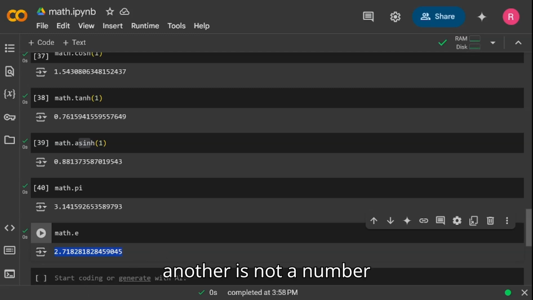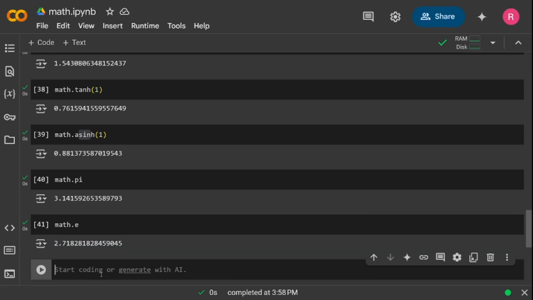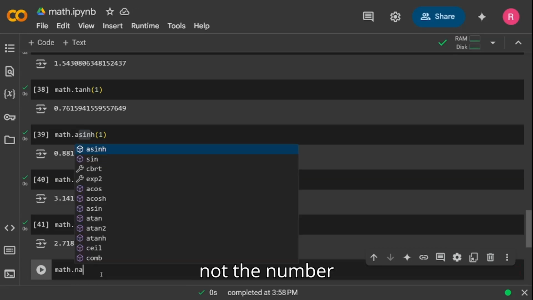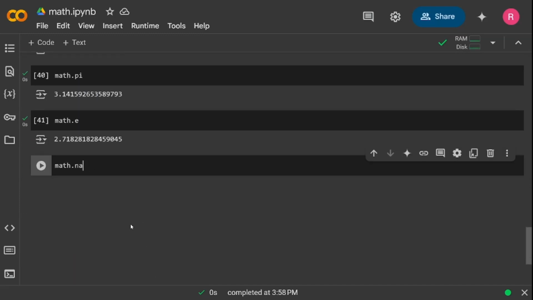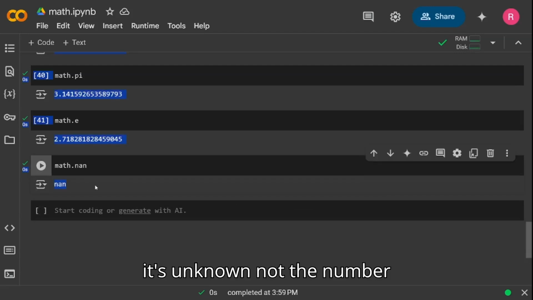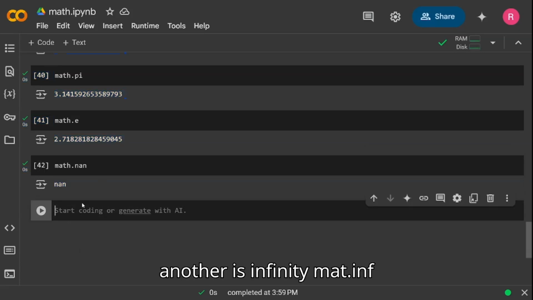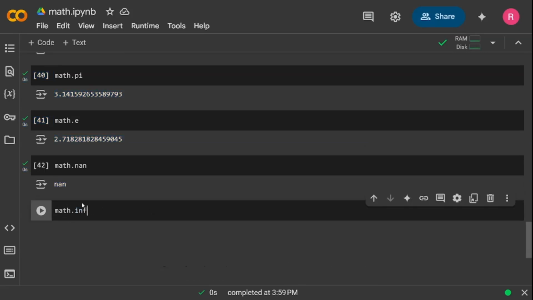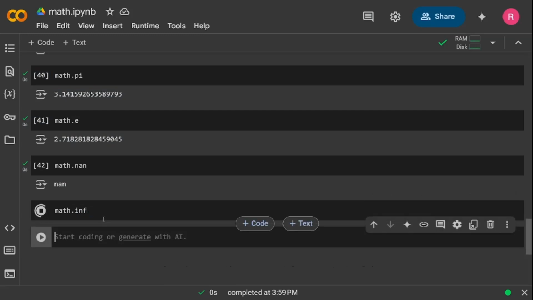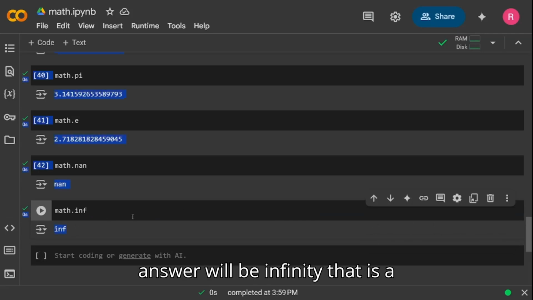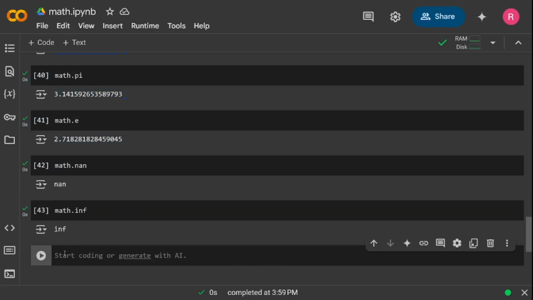There is another, not a number, math.nan, which is not a number. Another is infinity, math.inf. In some calculations we need to add infinity, so for that it's used. The answer will be infinity, that is a constant value.